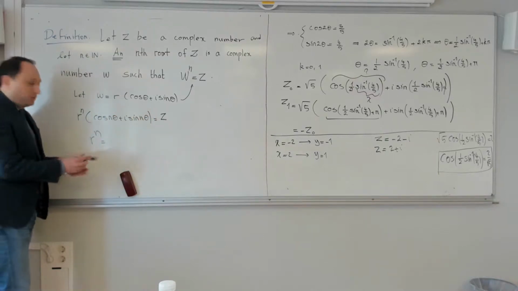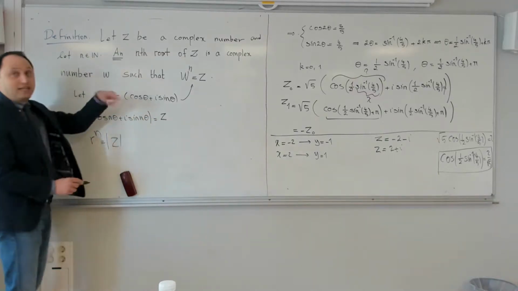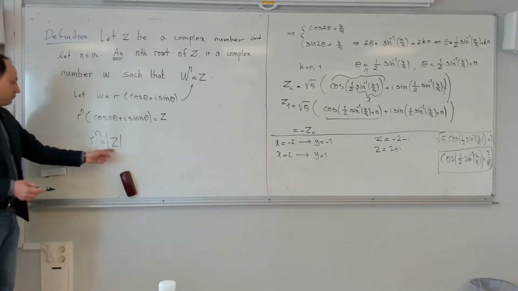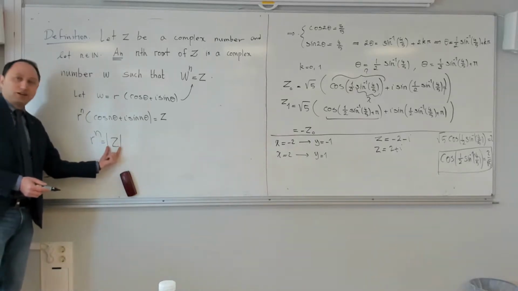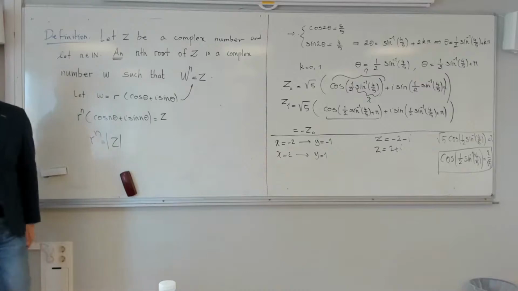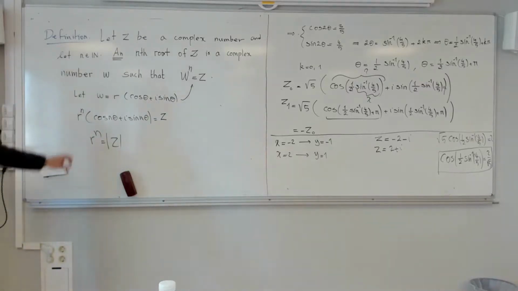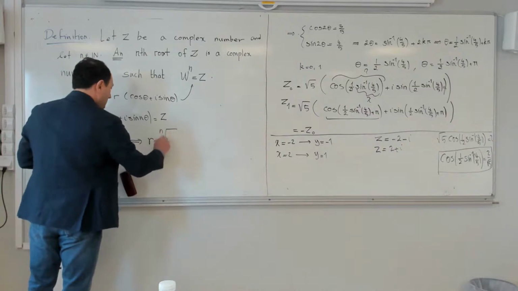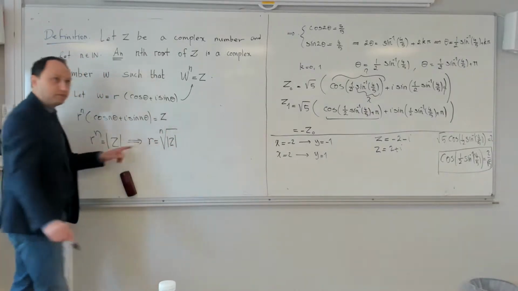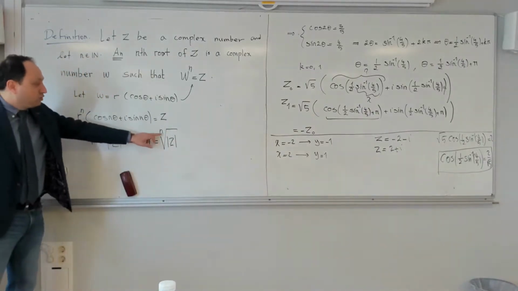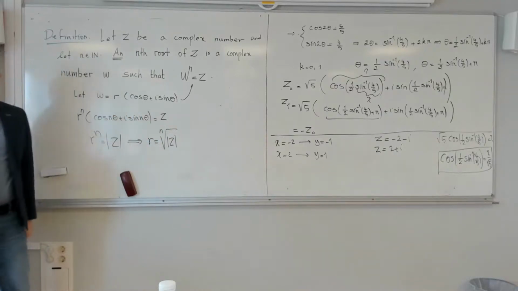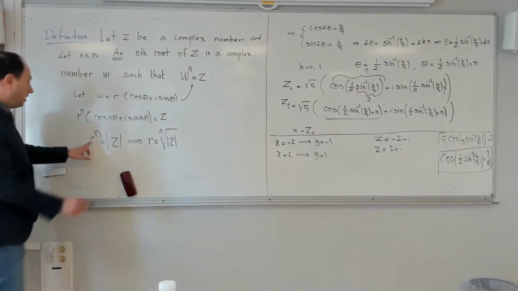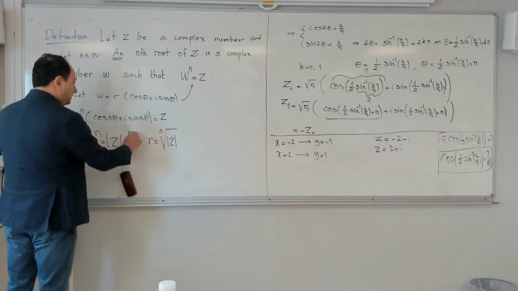We know that because Z is given. I don't have any other formula for that, I just write the absolute value of Z. And then I am looking for R. So what is R? The nth root of the absolute value of Z. But this nth root is calculated in the set of real numbers, because R is not only real but positive.